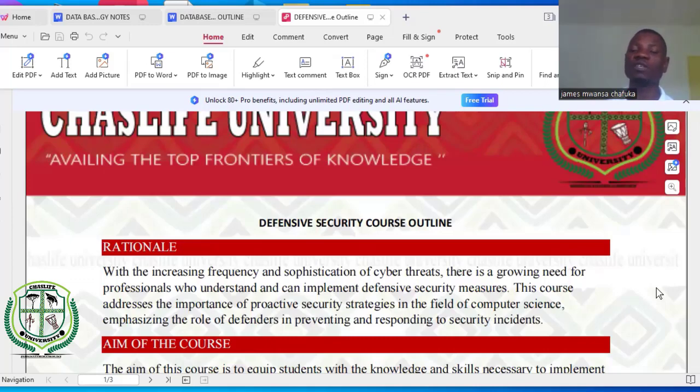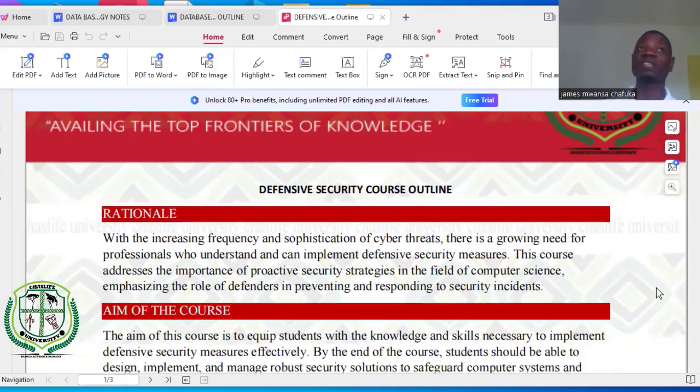This course addresses the importance of proactive security strategies in the field of computer science, emphasizing the role of the defender in preventing and responding to security incidents. So that is just the rationale of defensive security.